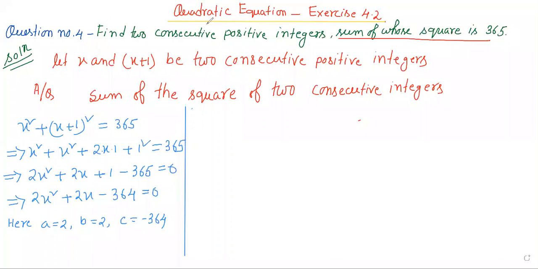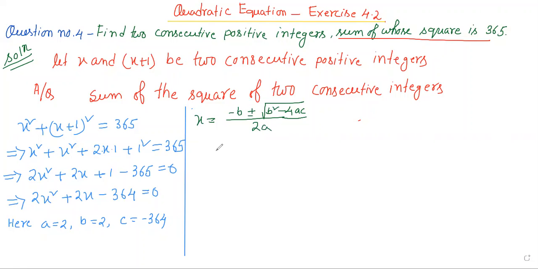What is the formula? x is equal to minus b plus minus root over b square minus 4ac. This was the standard formula to find the roots.